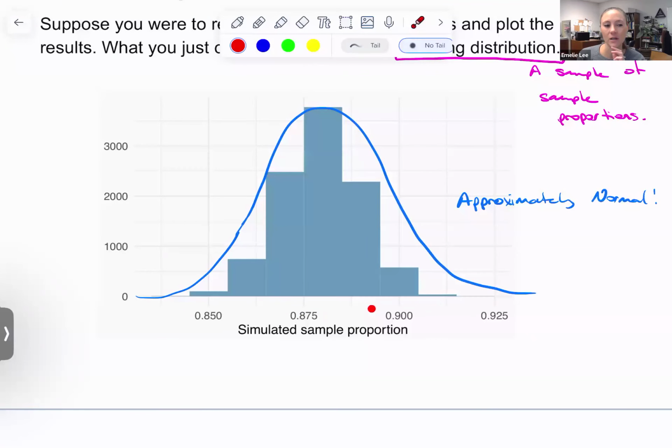Now, what if I said, okay, I collected another sample and I found the sample proportion to be 0.7? You would say, oh, that's strange. Why? Right? So just looking here at this number line, 0.7 would be way down here.